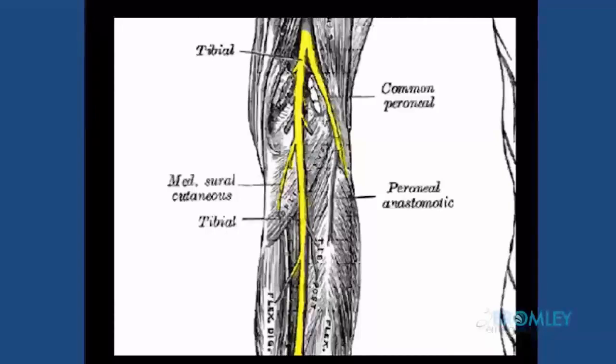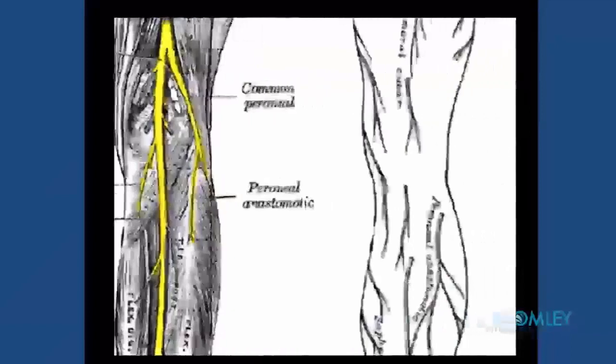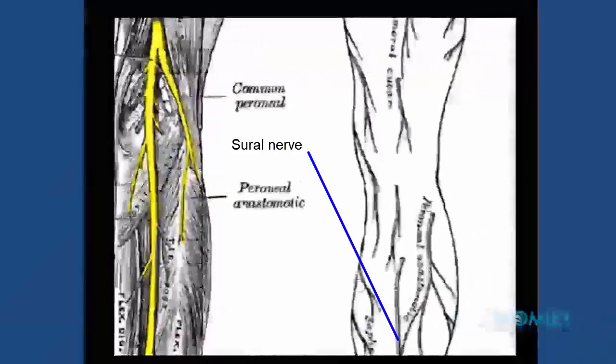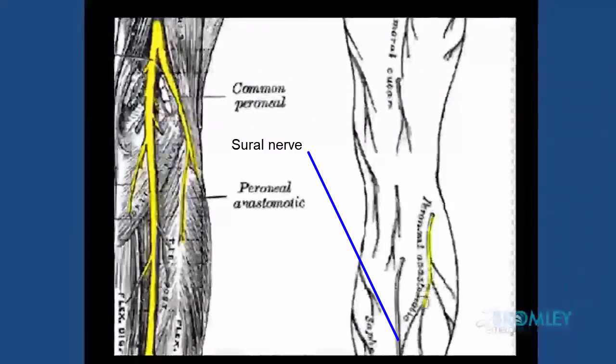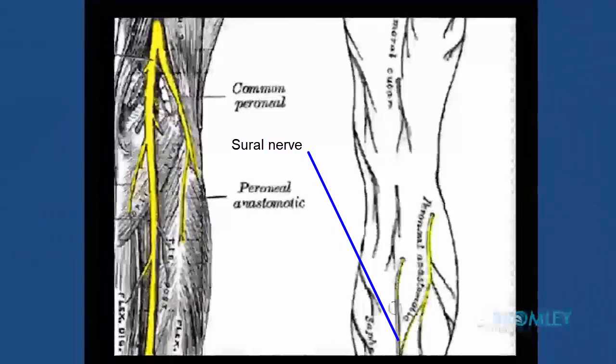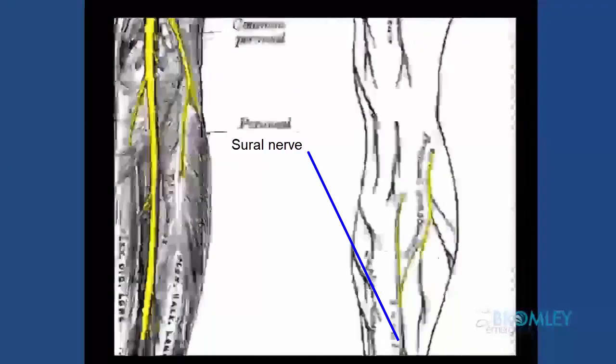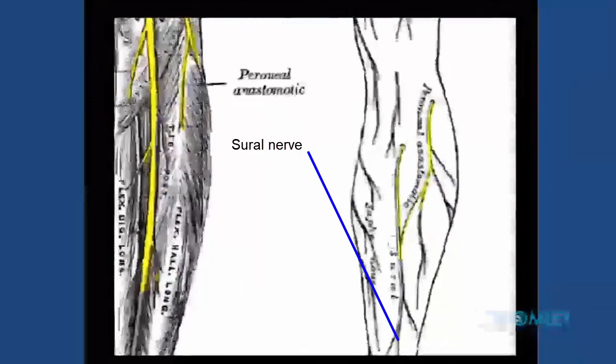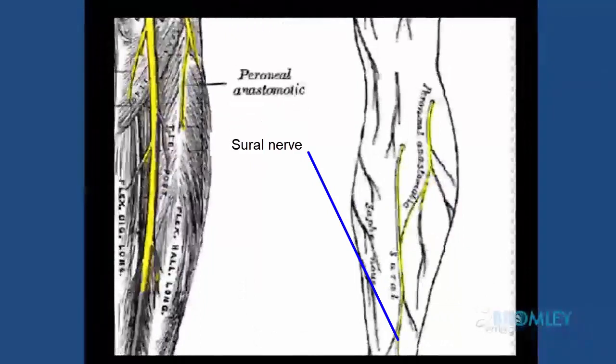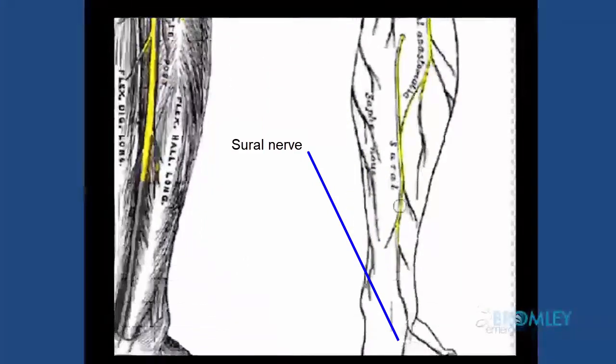We don't need to remember those names, but they both originally come from the sciatic, and a branch from each of those combines. If we pick them up more superficially here in this diagram, we can see them combining to become the sural nerve. It's a purely sensory nerve, it's a long nerve, sometimes used for nerve grafts, and runs right the way down the leg to go to the lateral side of the foot, to the base of the fifth toe.